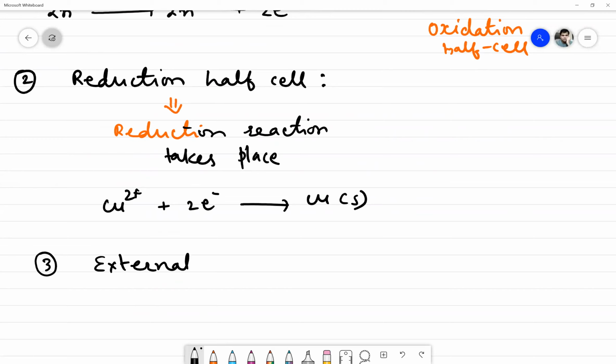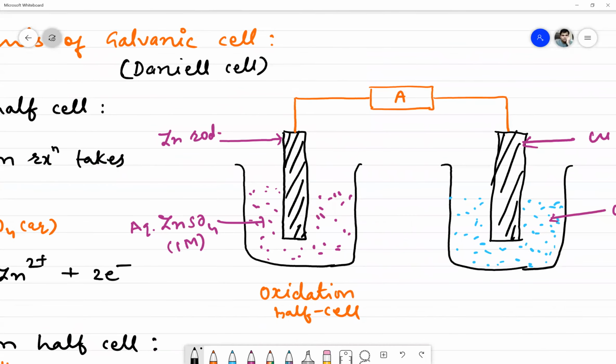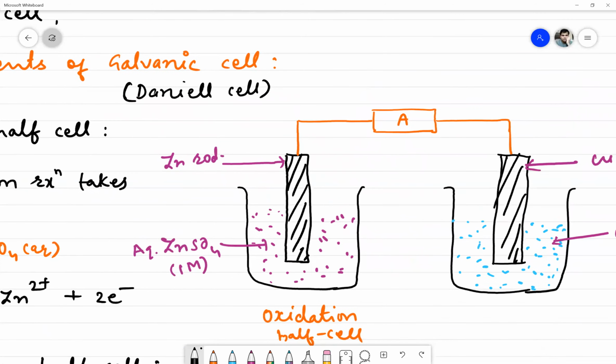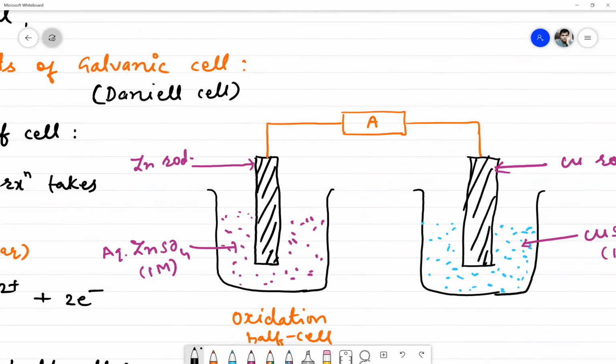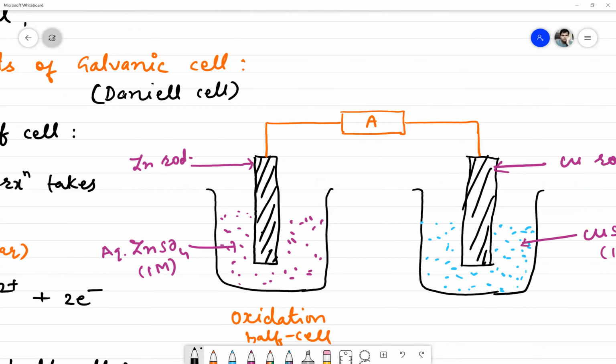In the oxidation half cell, the oxidation reaction takes place and zinc metal gets oxidized to Zn2+ ion, leaving behind the electrons at the electrode. Because of the excess of electrons, this zinc rod is considered the negative electrode.